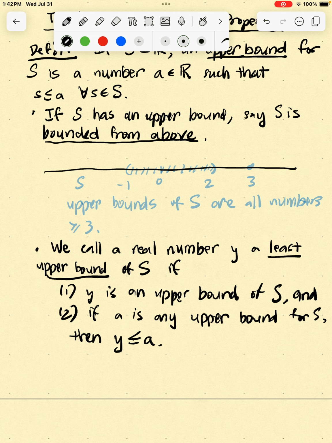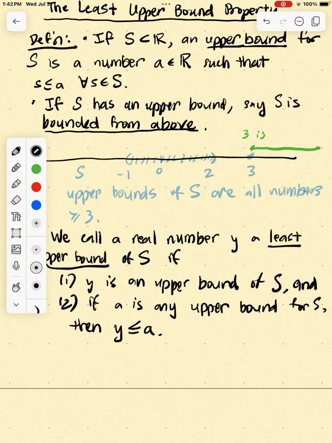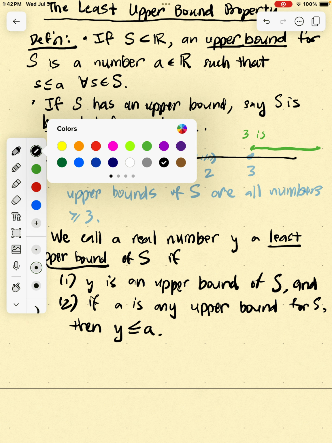If you look back at this example, with S being the open interval from -1 to 2, and then including the point 3, the upper bounds of S are all the numbers greater than or equal to 3. So it includes 3, and all the numbers here. The least upper bound is just 3. So 3 is the least upper bound for S. And there are a few notations for this.